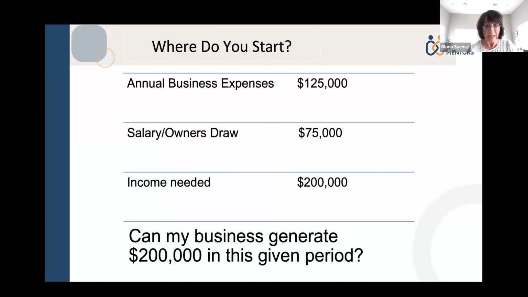And next we have, so this is very, very basic again. If you determine that your annual business expenses are $125,000 and you need to take from the business a salary or an owner's draw of $75,000, now you've got to back into $200,000. Can I generate $200,000 from my business?